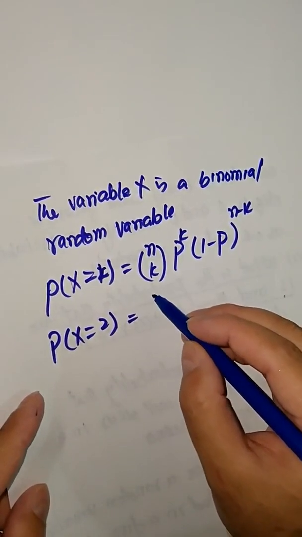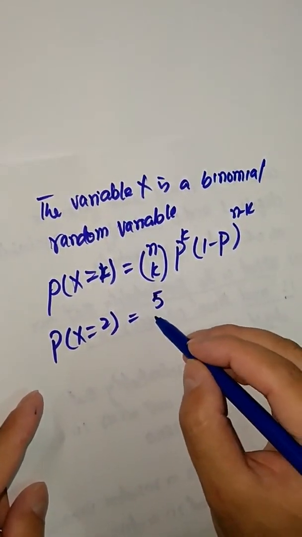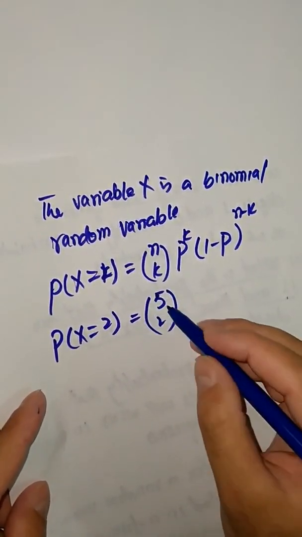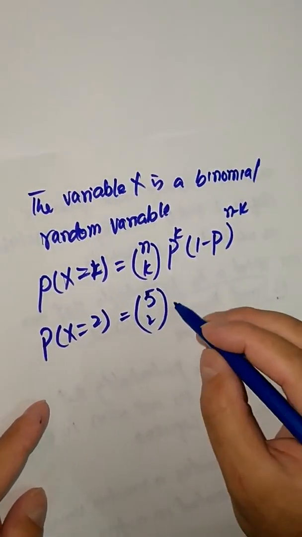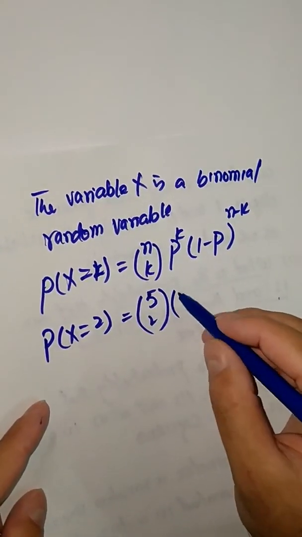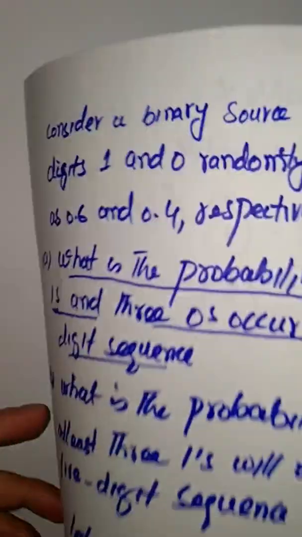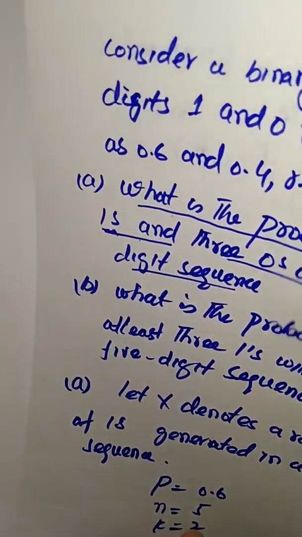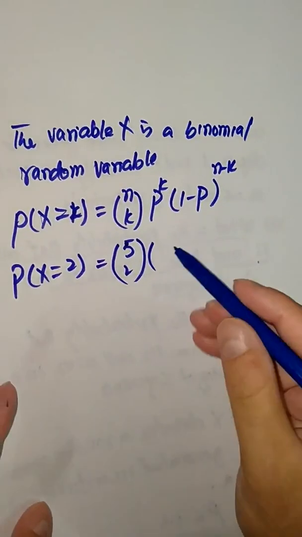So n is equal to 5 in this case and k is 2: 5 choose 2 into the probability for success, which was 0.6, that is already given in this question.